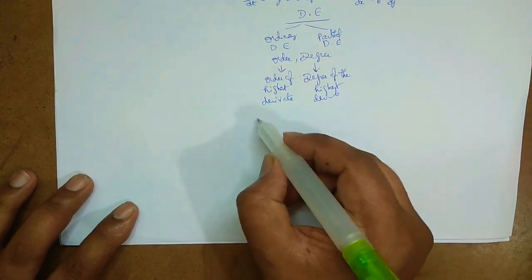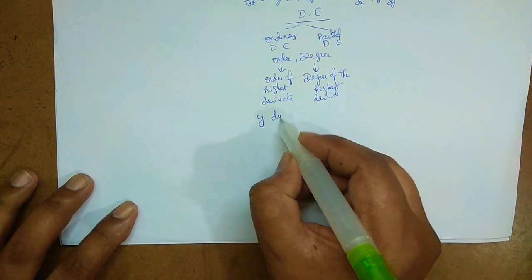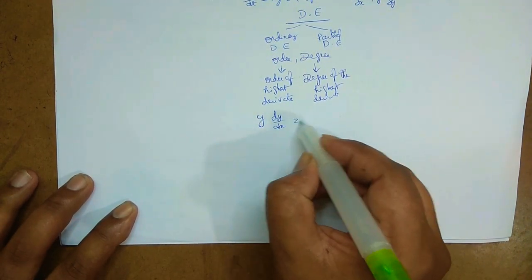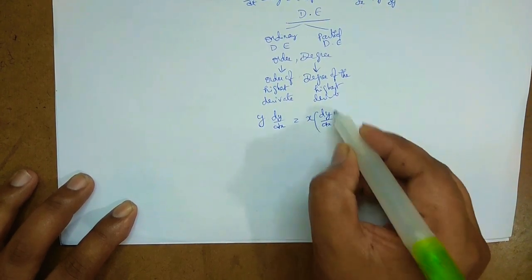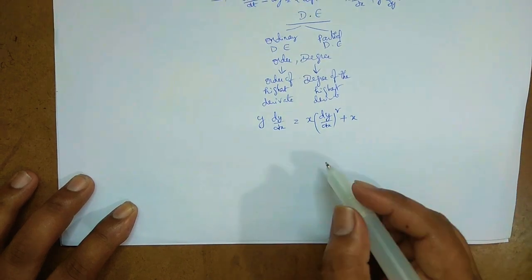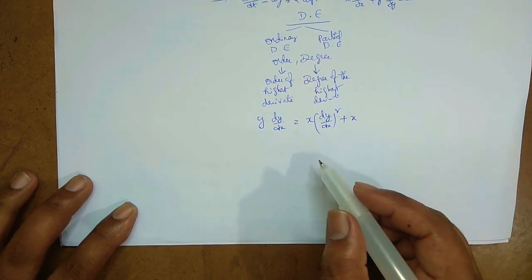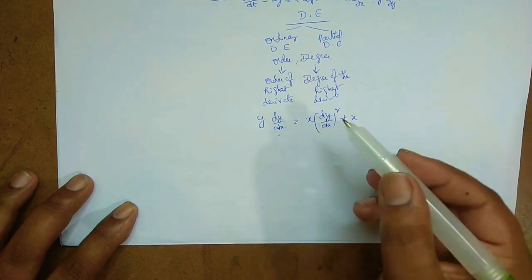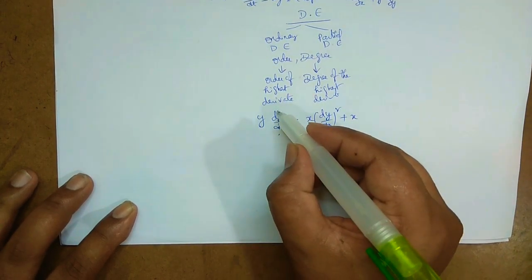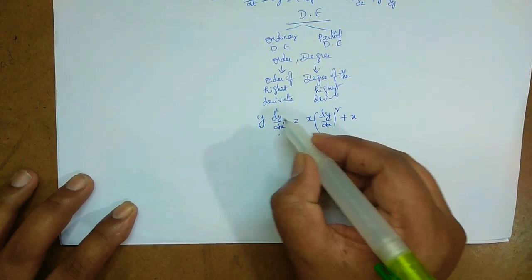See here, y equals x into (dy/dx) whole squared plus x. As you can see here, the term dy/dx has only order 1.